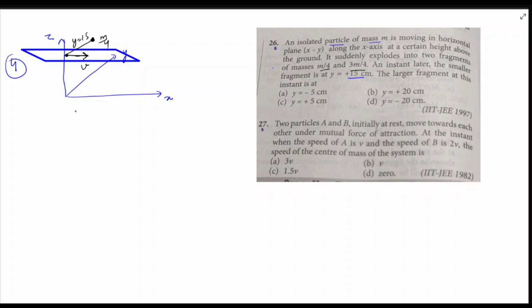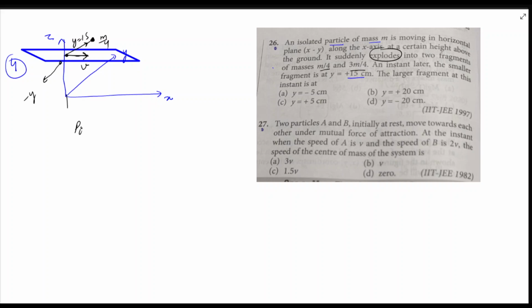Now look, how will this small fragment reach here? There must be some force which acted on it during the explosion, so the other fragment must move in the minus y direction, right?